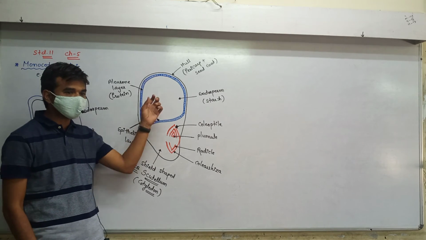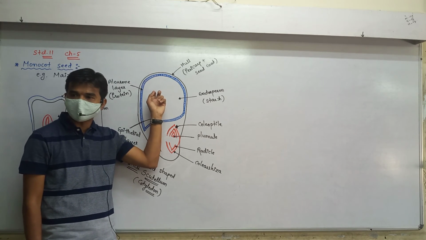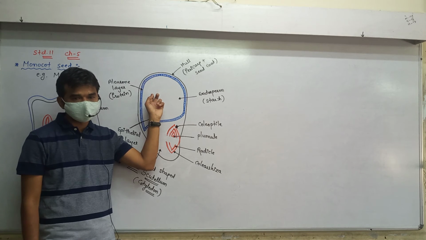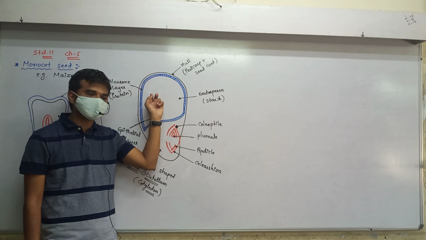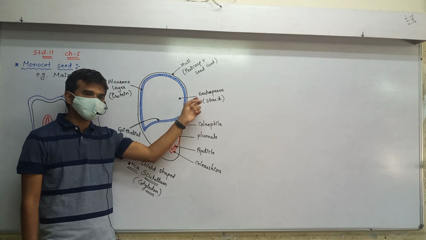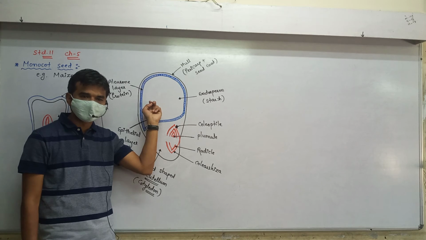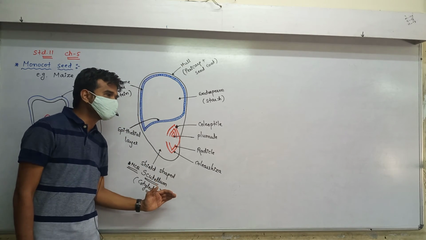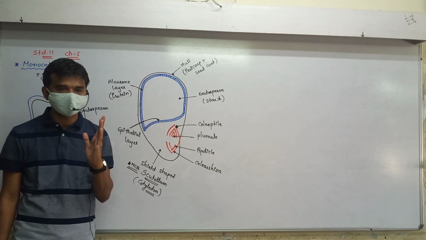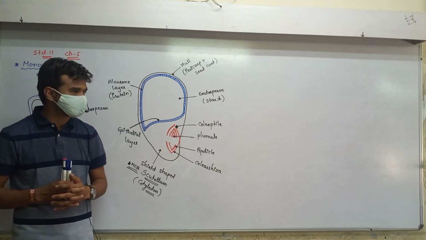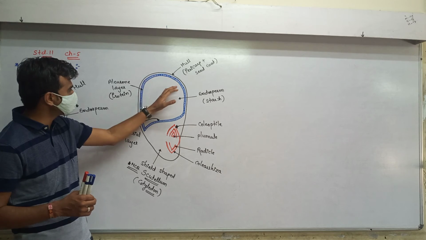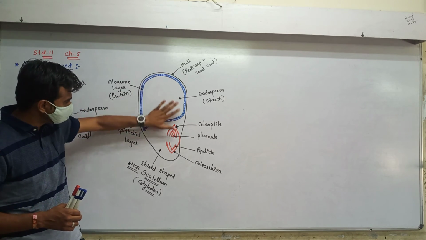The endosperm becomes bluish or purplish in color, due to the presence of iodine, which reacts with the polysaccharide starch and becomes bluish or violet in color. The remaining portion of the seed looks yellowish. So the purple or bluish region is known as endosperm.